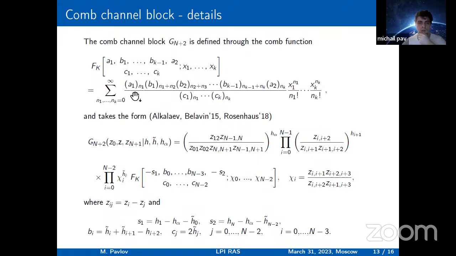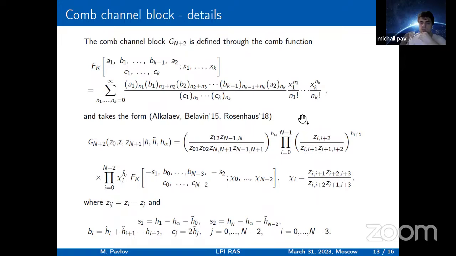And so actually, if we put a1 to be 0, we have this index to be 0. So then there is no summation over n1, and the same applies to nk.